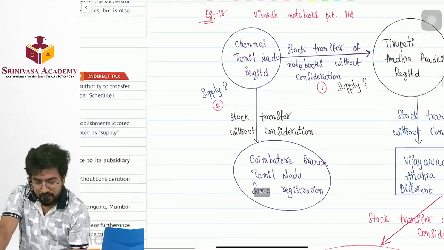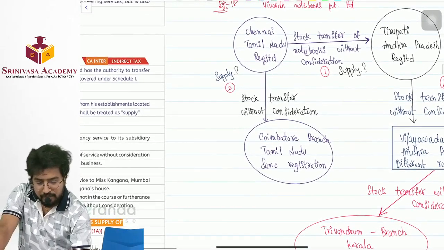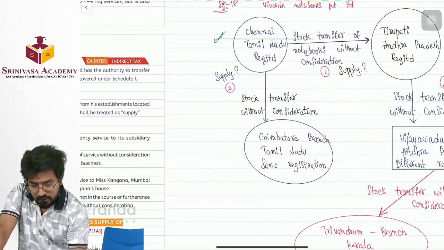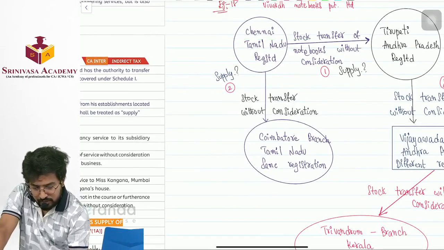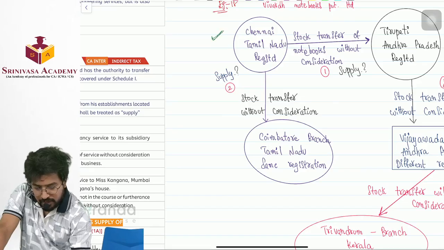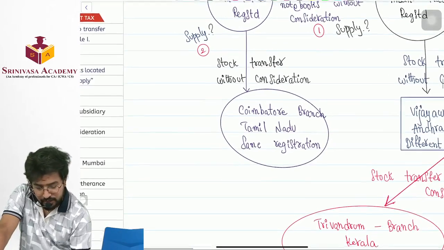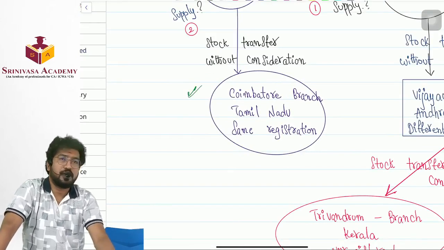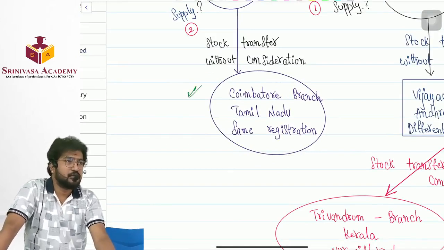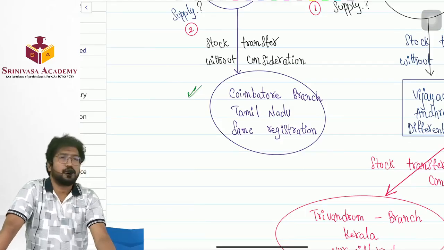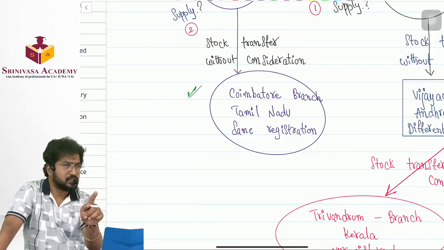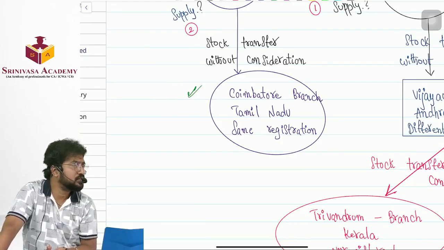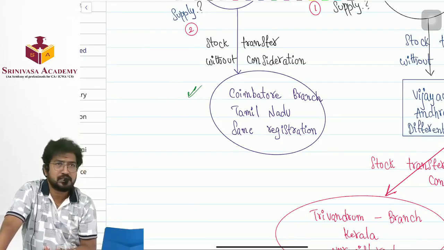Everyone listen carefully. The second case: I am in Chennai, Tamil Nadu, sending stock to the Coimbatore branch, Tamil Nadu, but both have the same registration. Now, are they distinct persons or not? For distinct persons, you need either two registrations. Here how many registrations do you have?